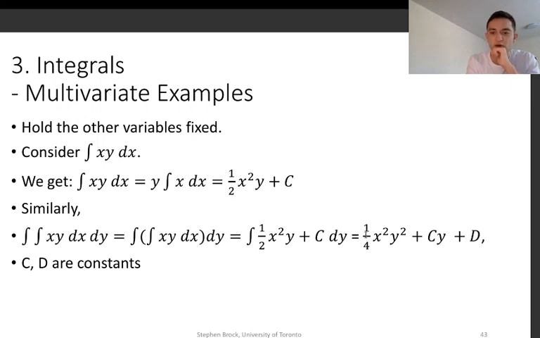That gives us 1 over 4 x squared y squared plus cy plus d, where c and d are constants. Of course, in general, the c and d aren't really going to matter because we're going to be doing definite integrals, and so the c and the d would cancel out.